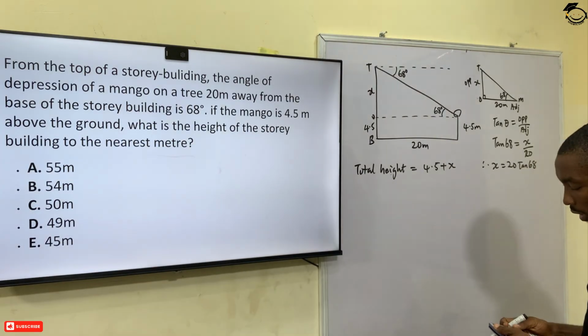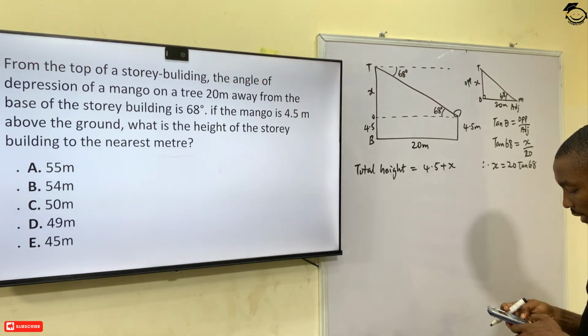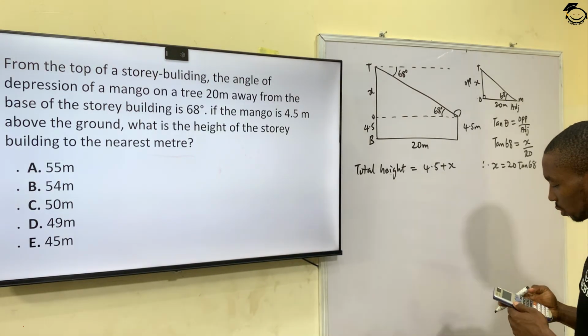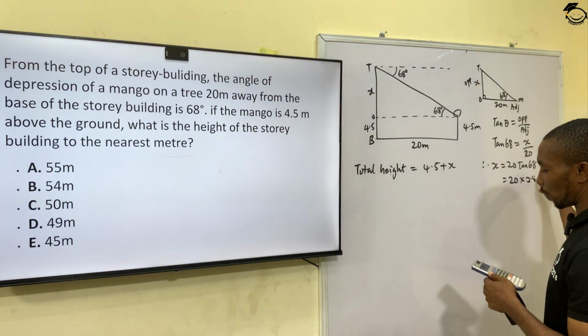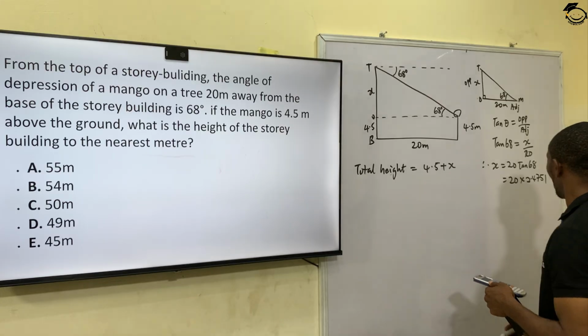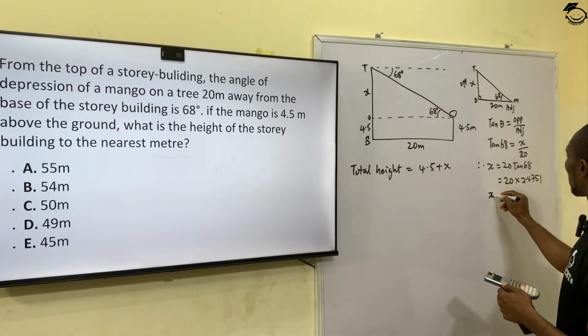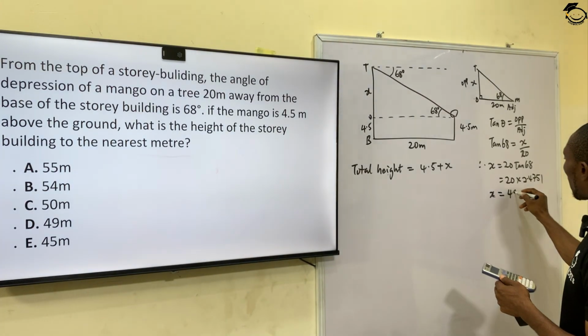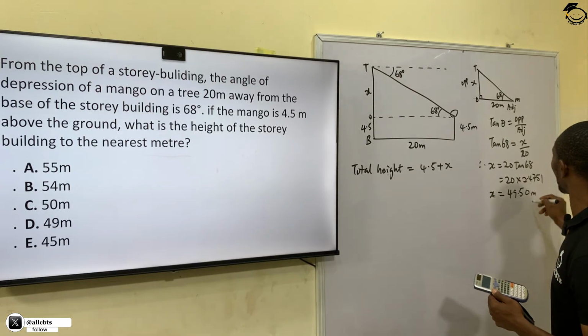Now, tan 68 equals 2.4751, times 20. Our value of x will be 49.50, so this gives us meters.